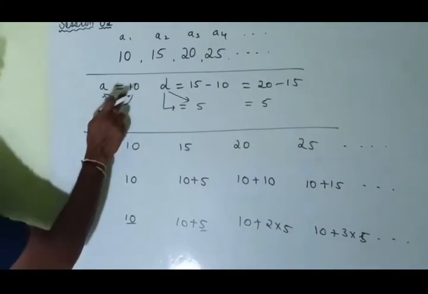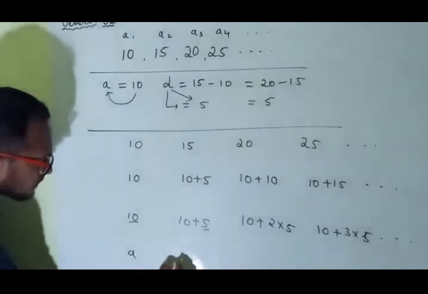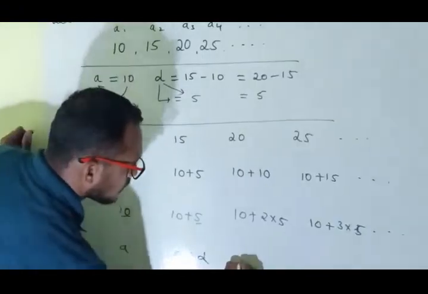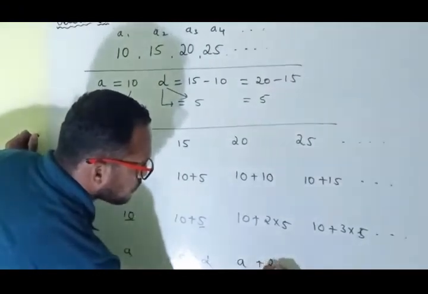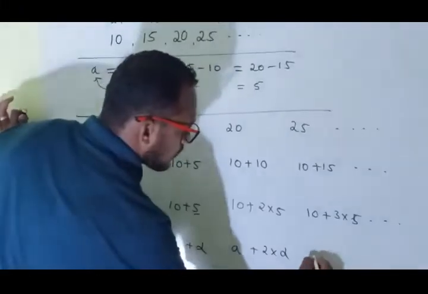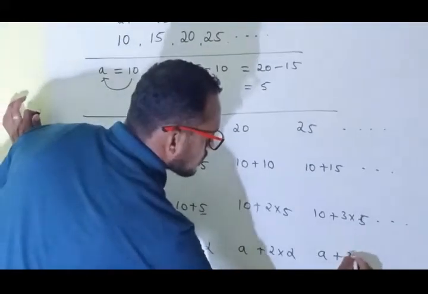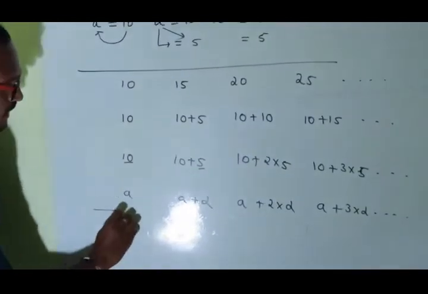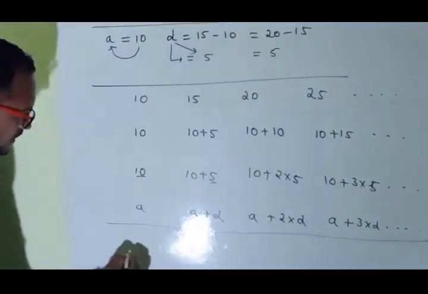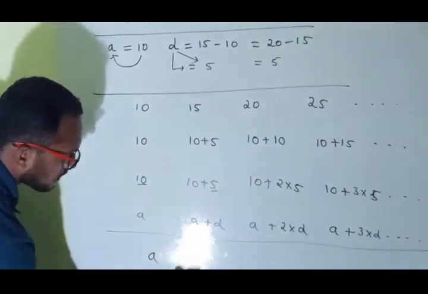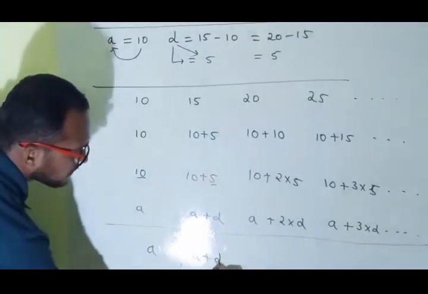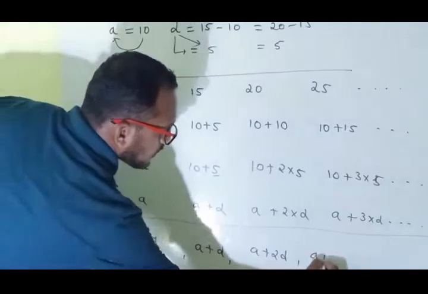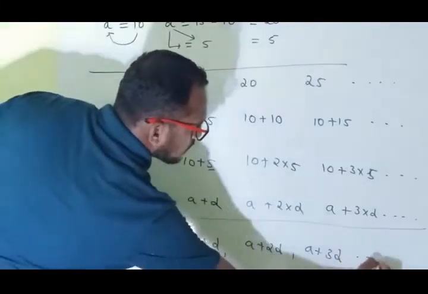Now 10 we could write as A, then 10 plus 5 is A plus D. This is A plus 2 into D. This we could write as A plus 3 into D and so on. At last we can arrange and write it as A, comma A plus D, comma A plus 2D, comma A plus 3D and so on.